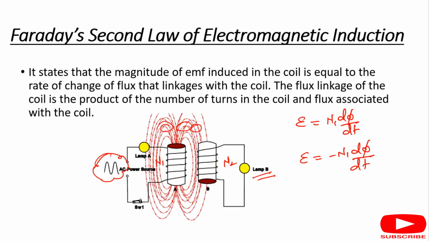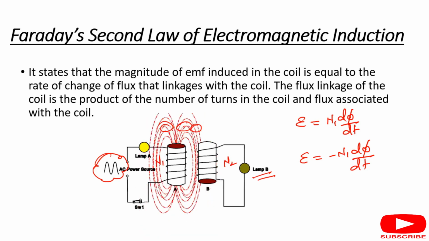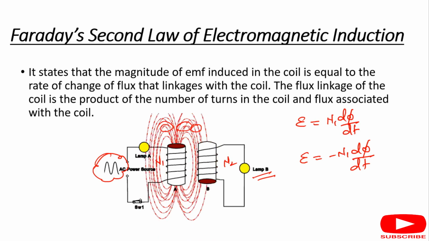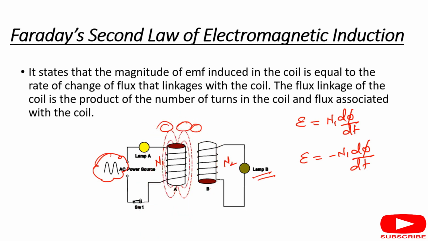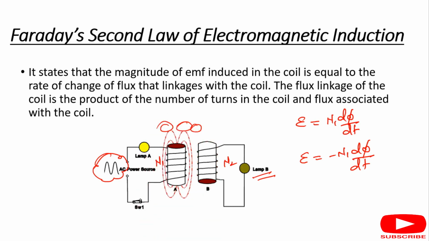Due to this opposition, the minus sign is included in the equation of the induced EMF. So that is all about Faraday's law of electromagnetic induction. The working of a transformer, and indeed every AC machine in this universe, is based on Faraday's law of electromagnetic induction.